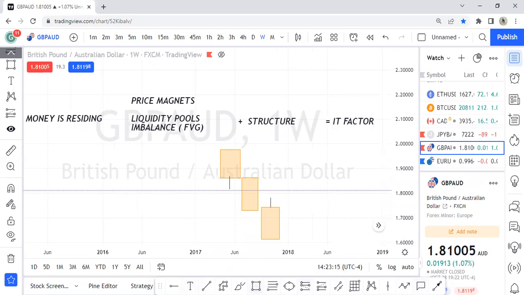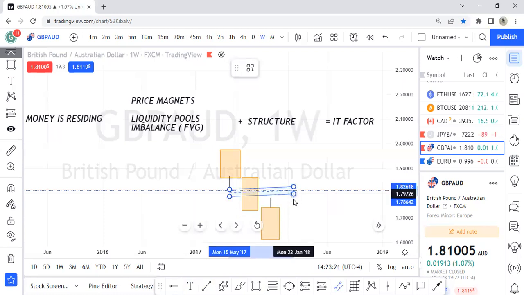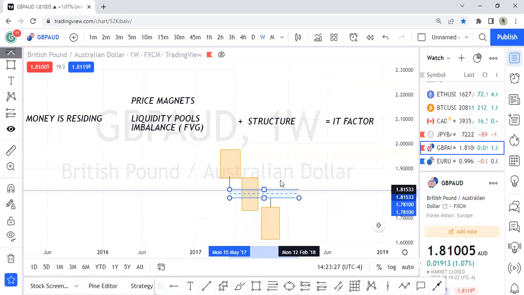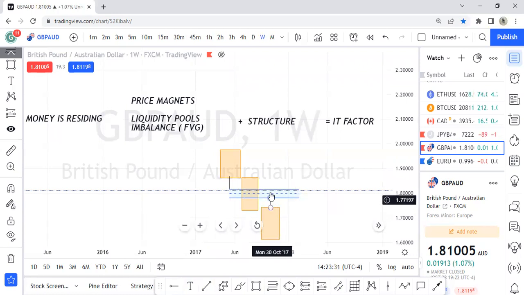The imbalance is simply the distance between this wick and this wick. That's your price inefficiency, and this is what actually drives price on the bigger time frame. This is one thing that drives price a lot, and most times it's really very large.